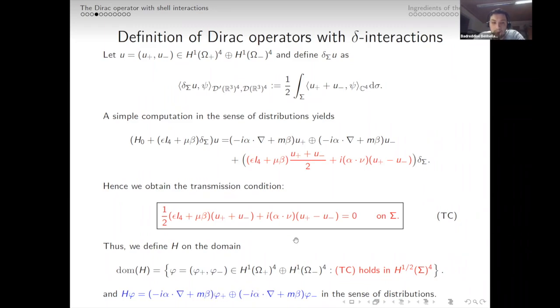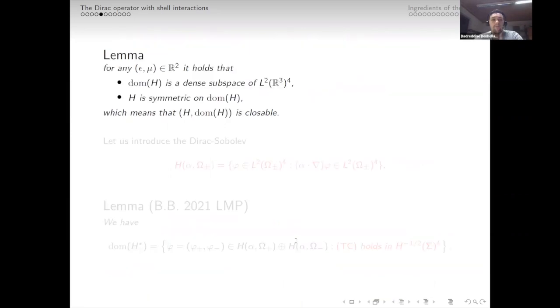All right, so with this definition, one can show that for any combination of the parameters, the domain of H is a dense subspace of L2 of R3, and H is symmetric on that domain. And this means, in particular, that with this definition, H is closable. And in fact, one can show more.